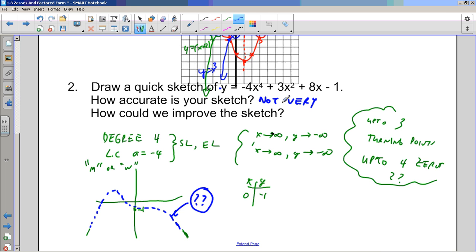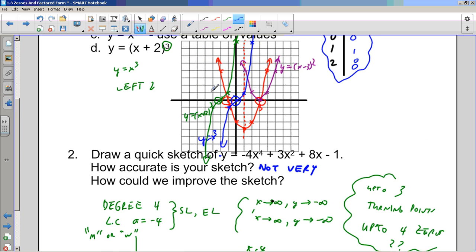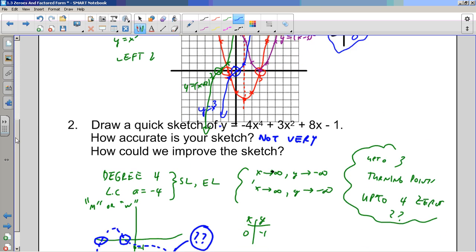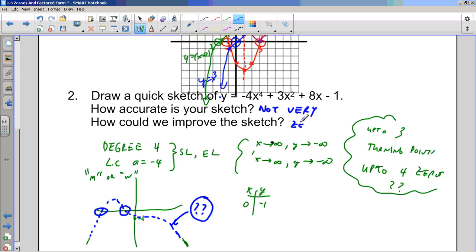Well, what would be a great thing to improve the sketch? We'd like to know the zeros. If we could find the zeros, just like up here, where the zeros were a big help in graphing, that's actually what today's activities are about. The first activity is a fun thing, connecting graphs and tables and equations.